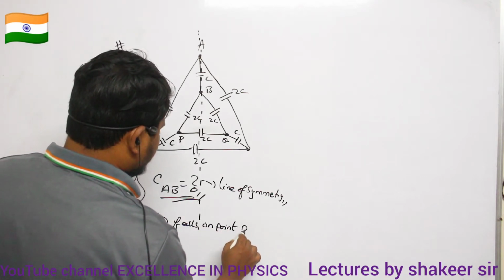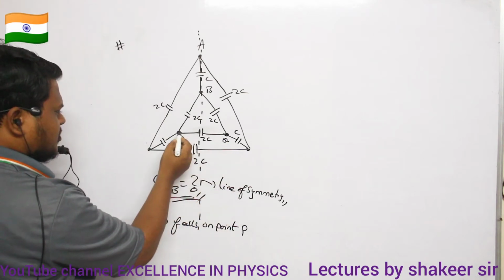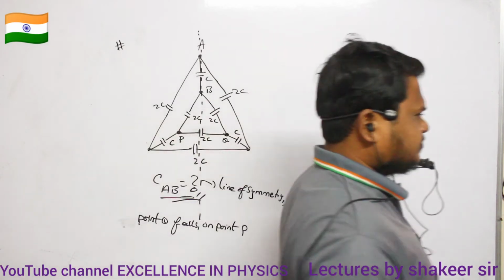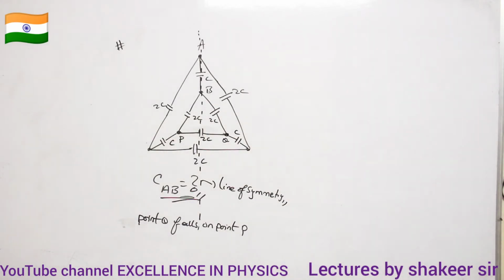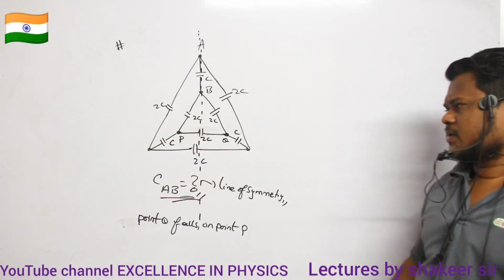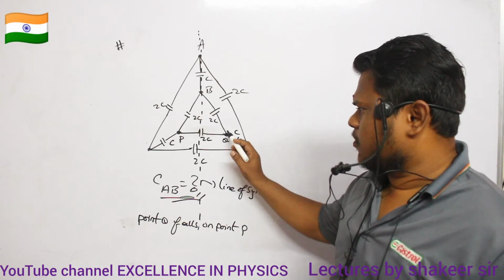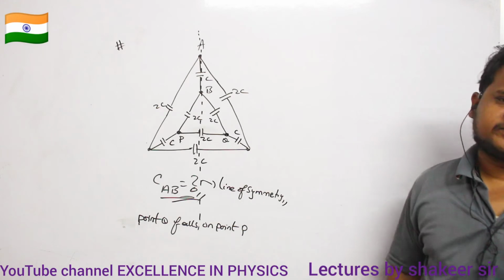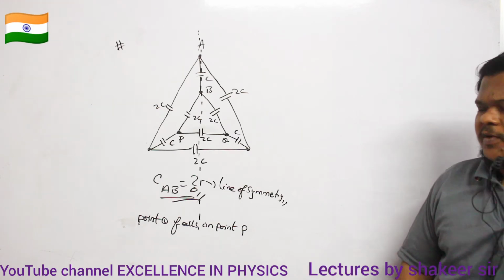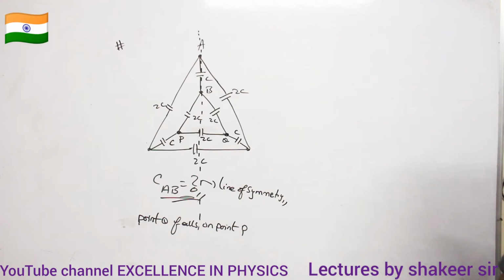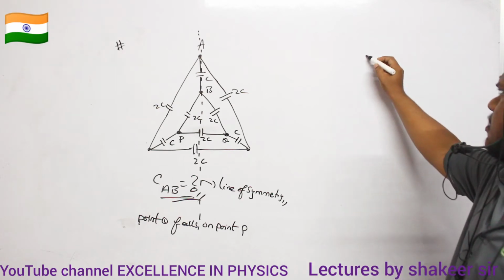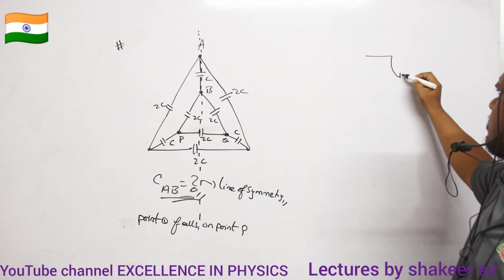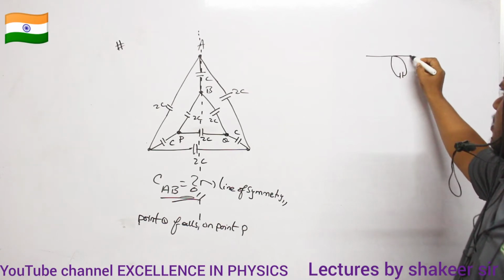If Q falls on point P, what happens to this 2C capacitor? See, this is one circuit, and a capacitor is connected like this, and the circuit is flowing like this.